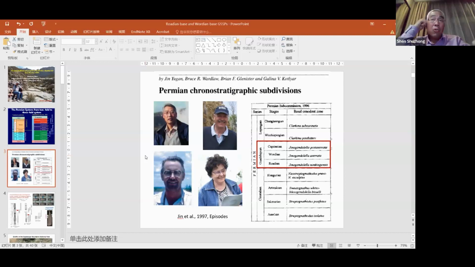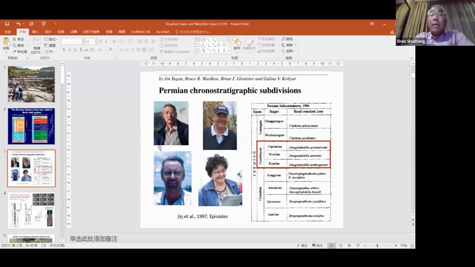When we use the term upper Permian, we don't know which upper Permian is meant, the Chinese one or the Russian one. So the Permian Subcommission lately suggests that we use Cisuralian, Guadalupian, and Lopingian. They are actually the lower, middle, and upper Permian.